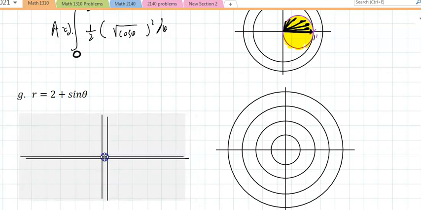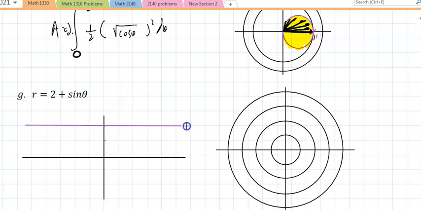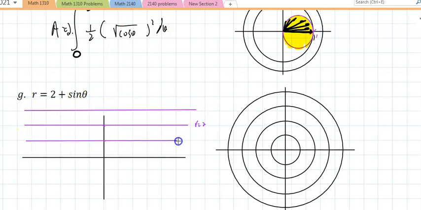If I am to look at r equal to, a unit above, r equals 3, a unit below, r equals 1. So from this I know that there is no inner loop.